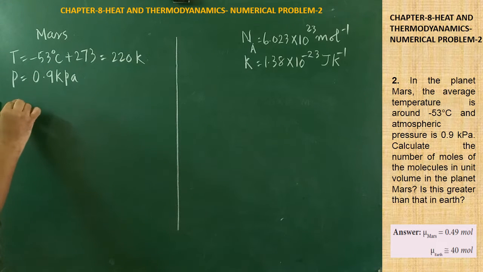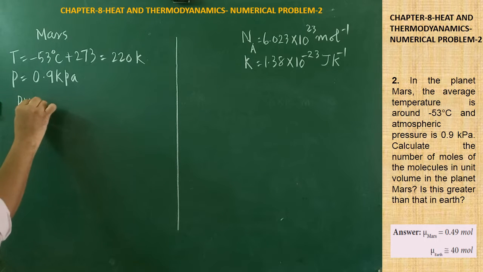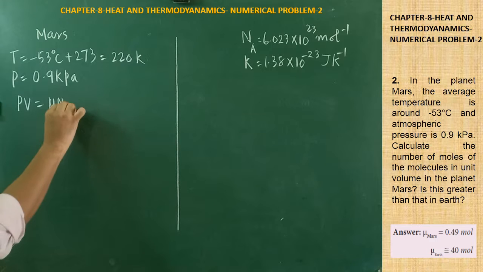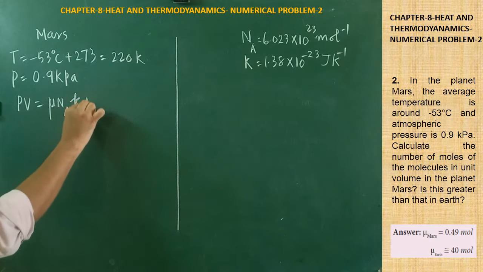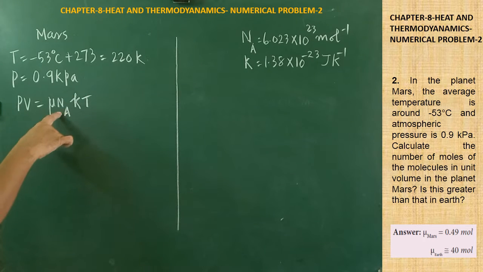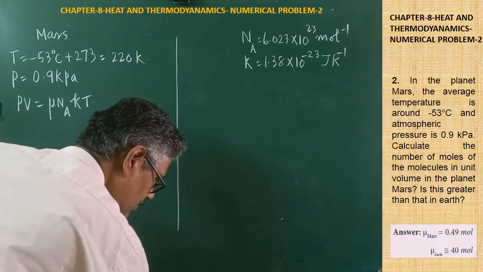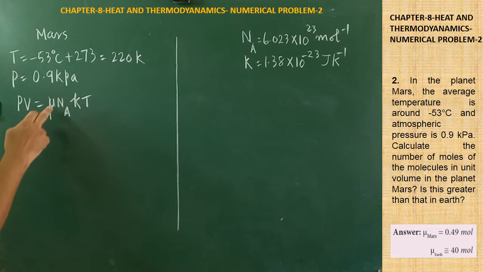The formula to find the answer is PV is equal to mu NA kT. Already we know the values of NA and k; in the previous problem itself we have used both values. Here you are asked to calculate the number of moles per unit volume, so this mu is to be divided by V. Are you clear?